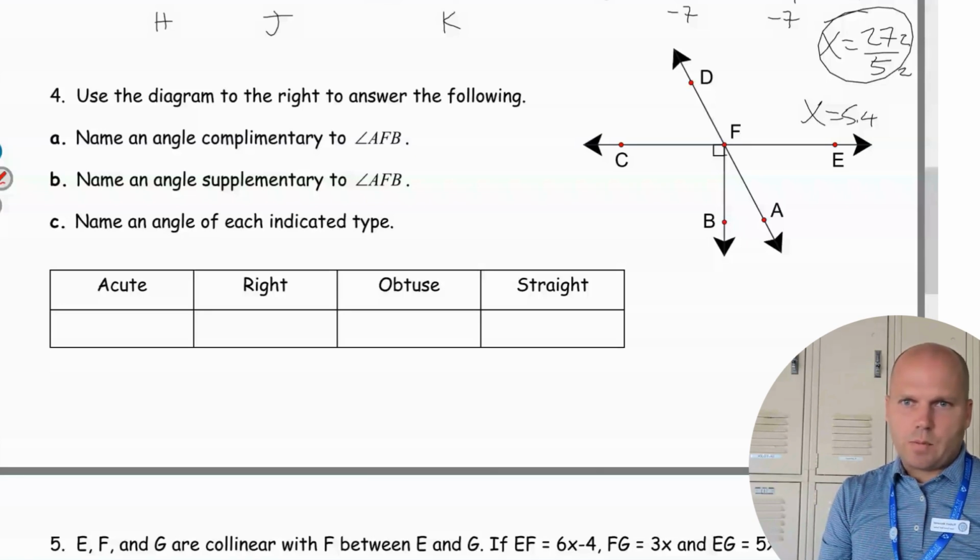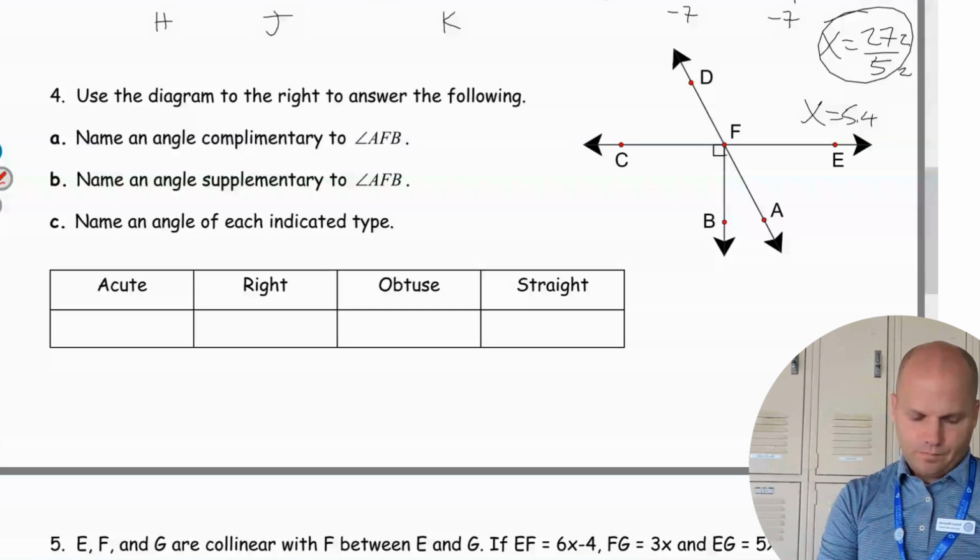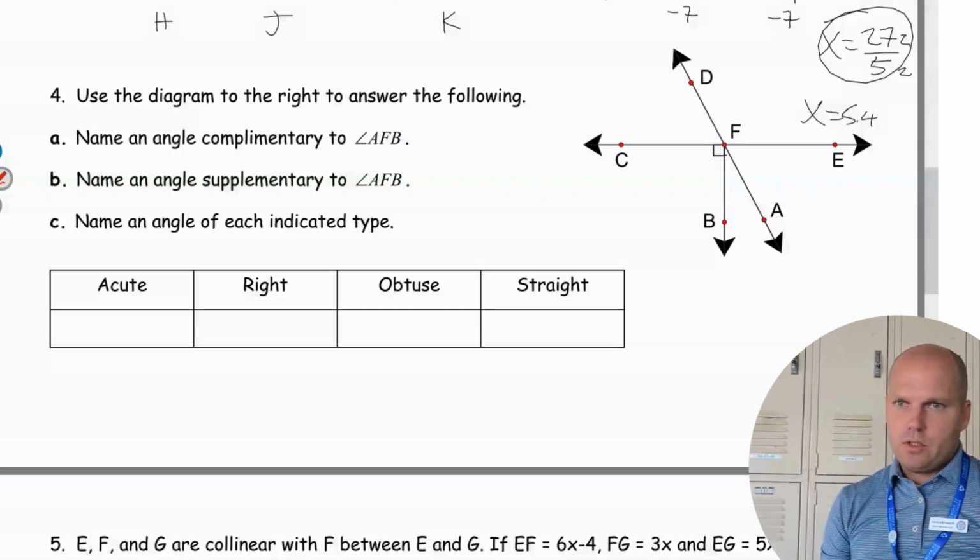HJ is 2x plus 4. JK is 3x plus 3. HK is 34. This is the idea of this line segment plus this line segment equals that line segment. 2x plus 4.